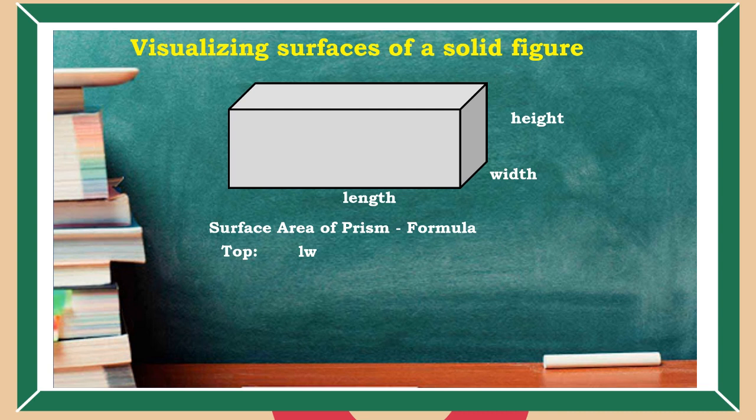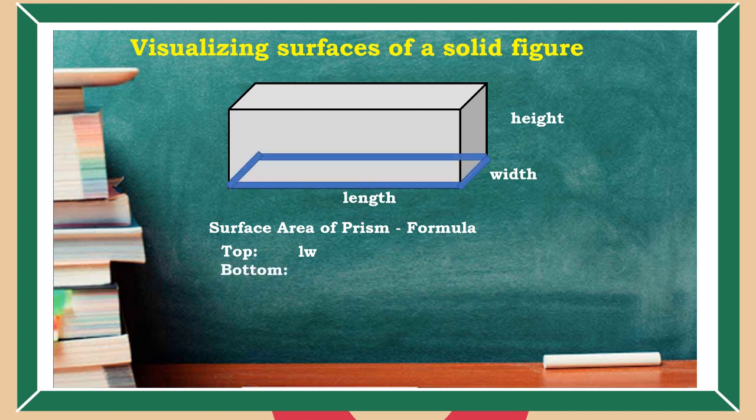So we need to multiply length times width. Next face is the bottom face. The formula for this is like the top face. We will multiply the length times width.